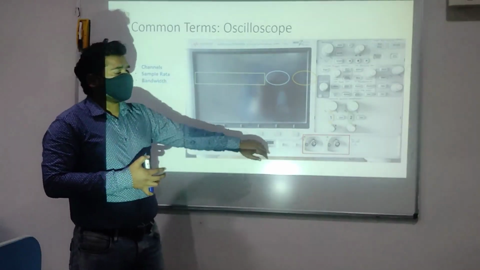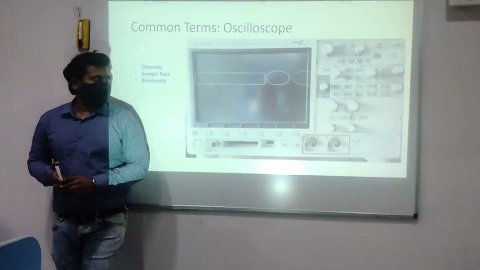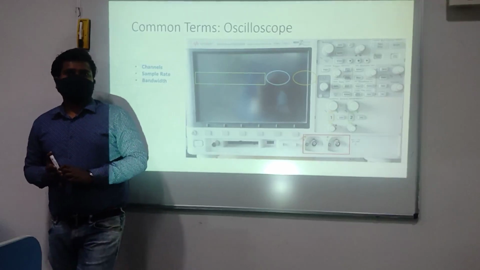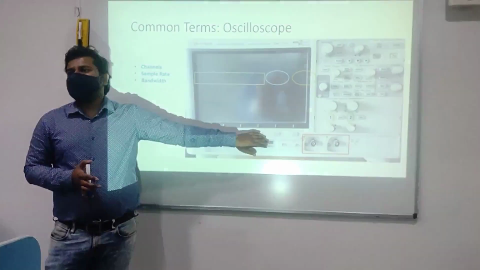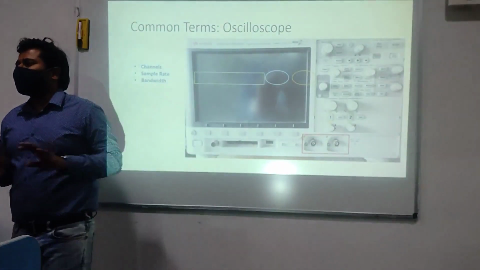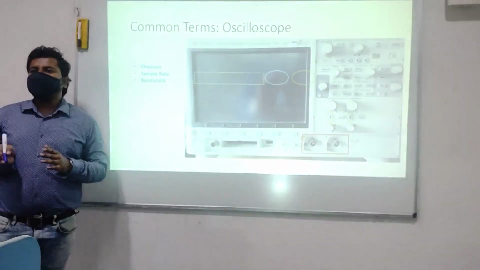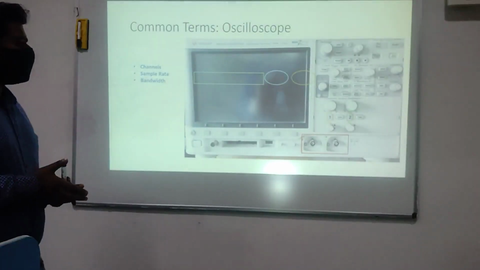You can find the channels in the red box. Okay. So the answer is 2. We have a 2-channel oscilloscope here in our laboratory. There are versions of oscilloscope where you will find 1, 2 or 4 channels. Okay. So we have a medium one.